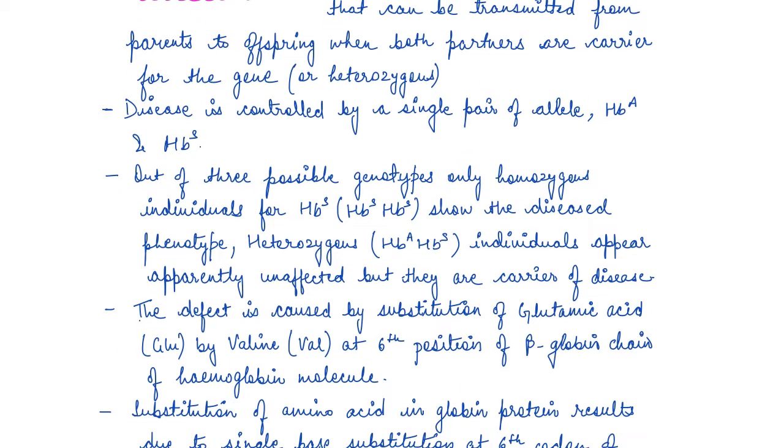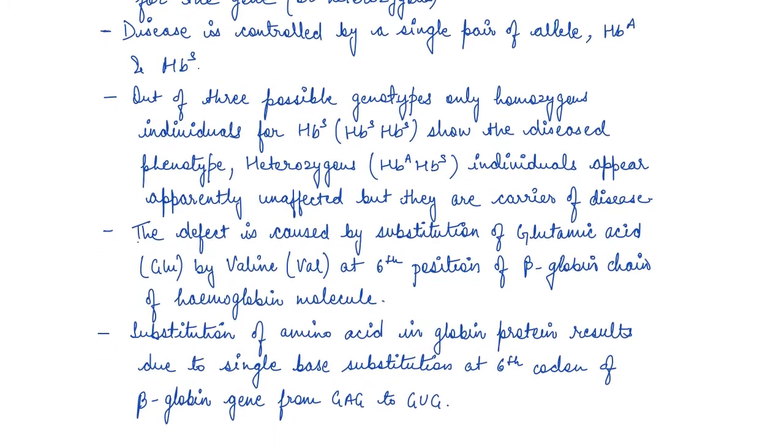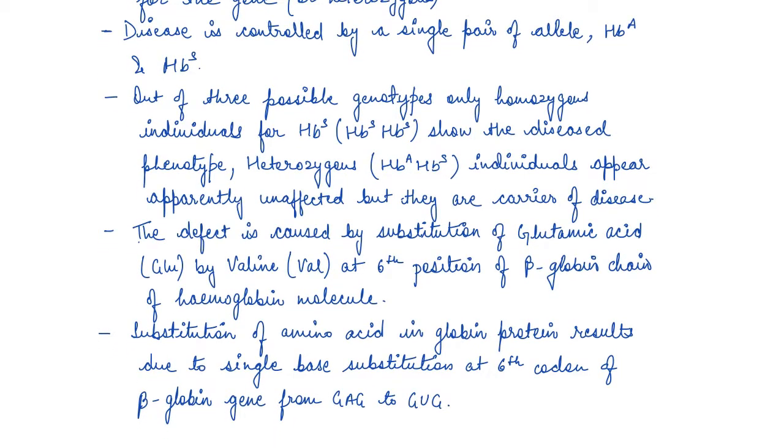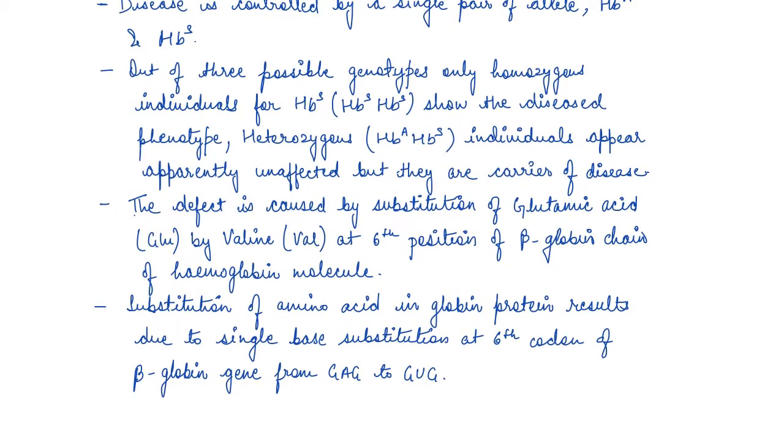Now, the disease is controlled by a single pair of alleles, which are HbA and HbS, right? So, out of the three possible genotypes, only homozygous individuals show the diseased phenotype. Heterozygous individuals are unaffected, but they become carriers of the disease, right?